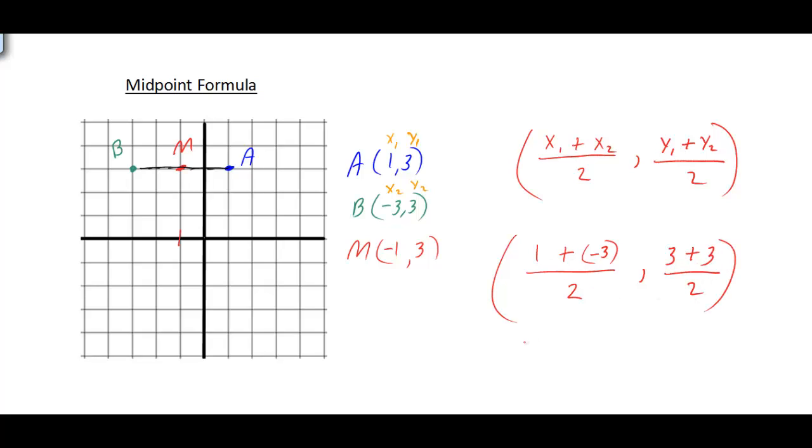So 1 plus -3 is -2, and -2 divided by 2 is -1. 3 plus 3 is 6, and 6 divided by 2 is 3. You'll notice that gives us our midpoint. So if it's not something we can visually count, we can simply plug into the formula to calculate the midpoint.